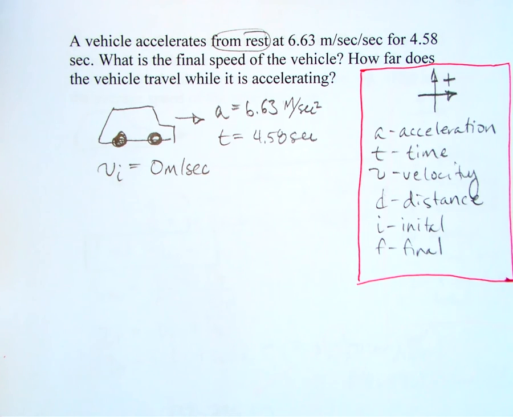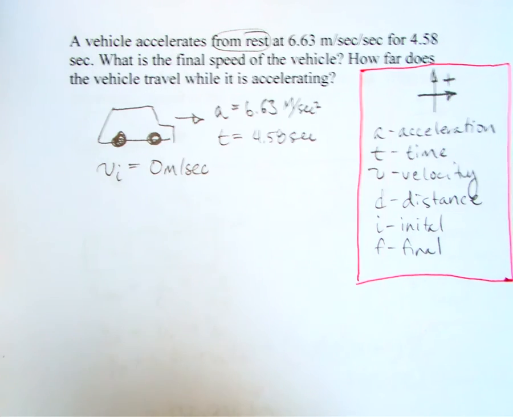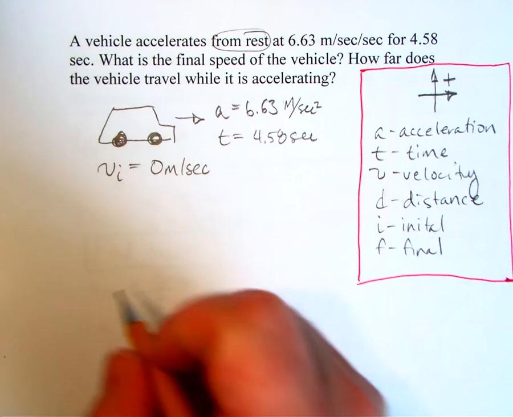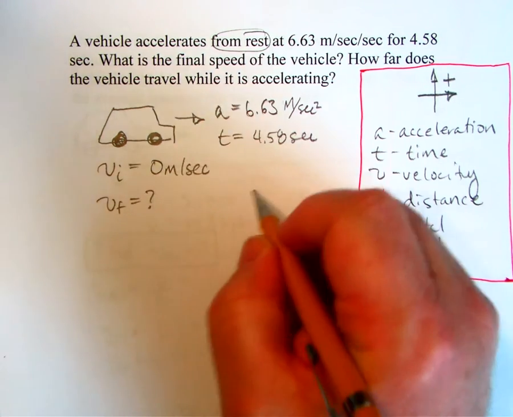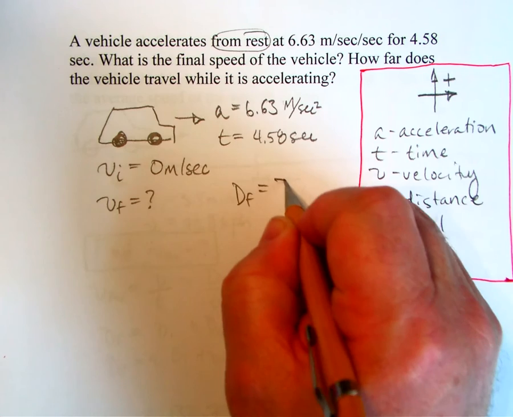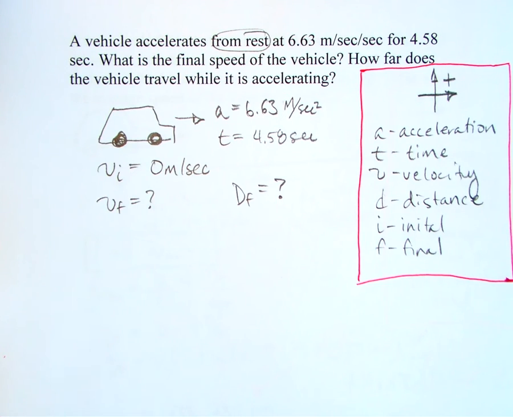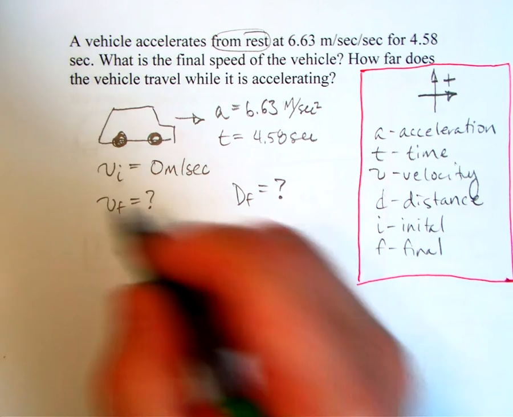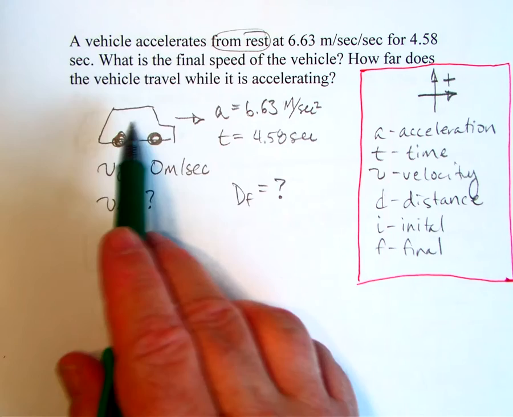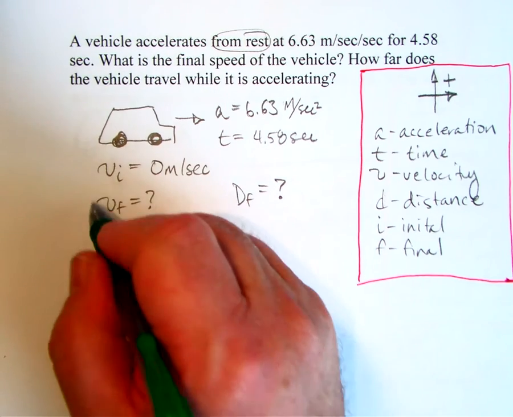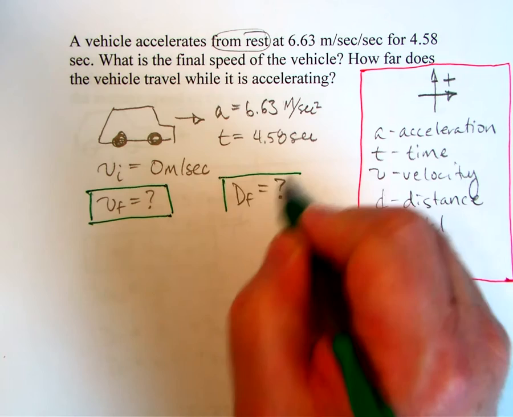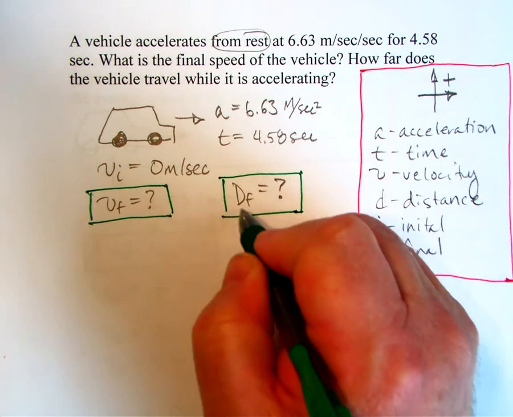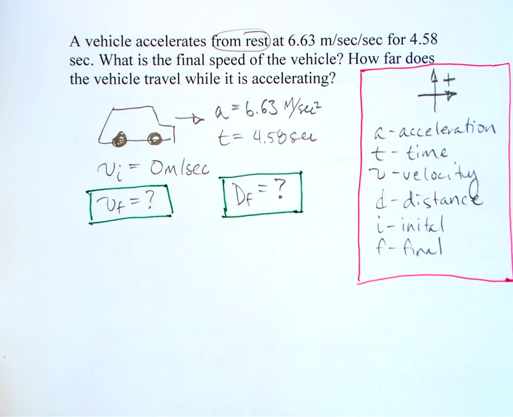So look on your formula sheet, okay, and see if we can find anything that's going to give us those two answers, right? That's what we're looking for. How far does the vehicle travel, and what's the final speed or final velocity? Okay. If we just say it's going to the right, then that's going to be a velocity, right?